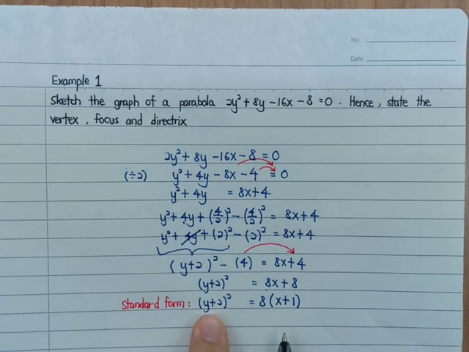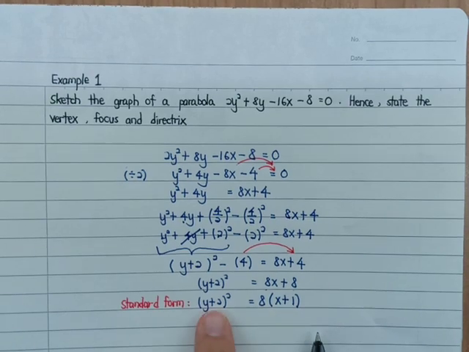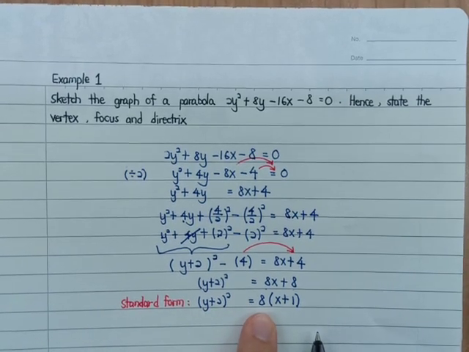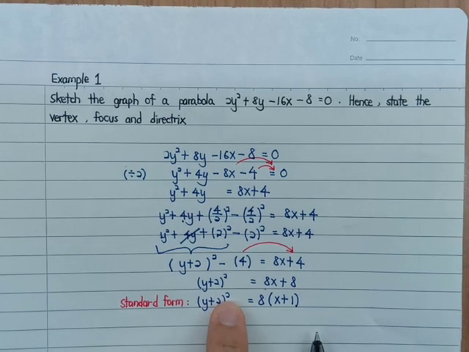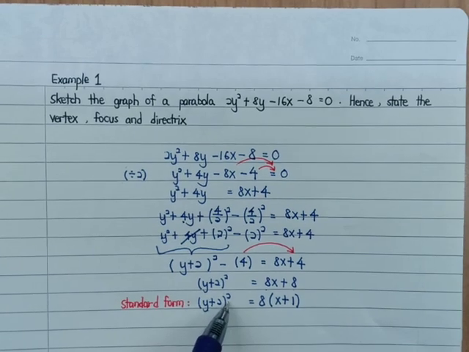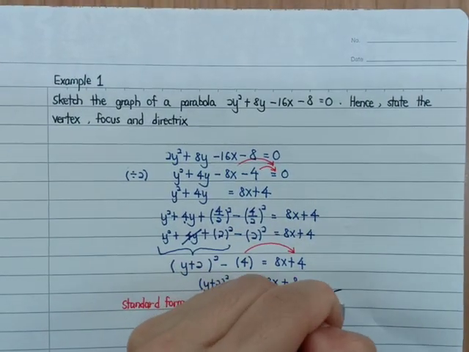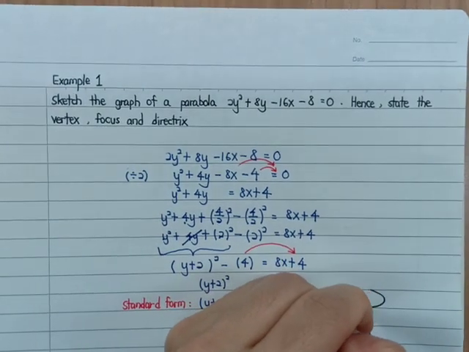From here, I can get the coordinate of vertex and the value of p. So based on the standard form, if you still remember, for y squared, the parabola is either open to the right or open to the left.